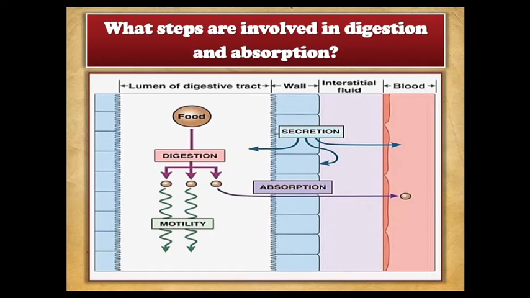The third phase of digestion and absorption is the post-absorptive or removal phase. This happens in the area beyond the intestinal and mucosal wall.